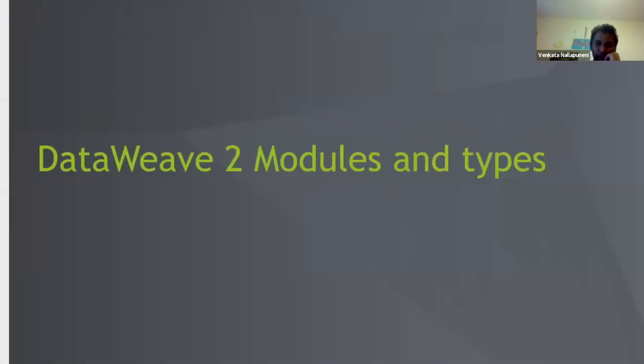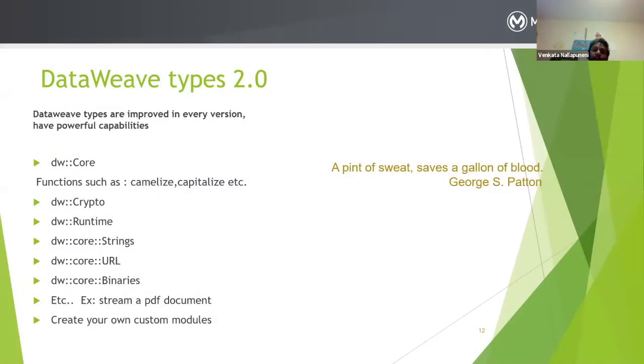So just moving on to the modules, DataWeave 2 modules and the types. Just an illustration of what I've given you so far, but quite a lot was added to it. With the core modules, we can even camelize, capitalize, and do quite a lot of things with DataWeave. Like I say, we can do wonders with DataWeave expressions.